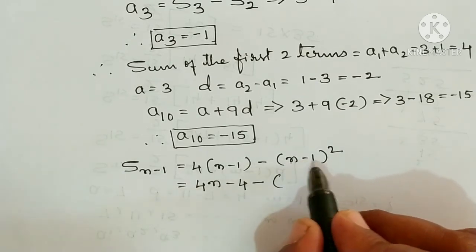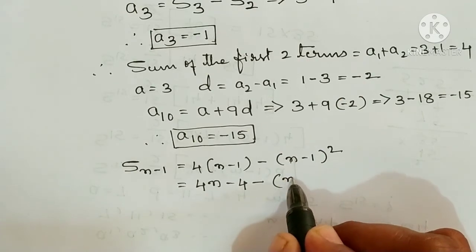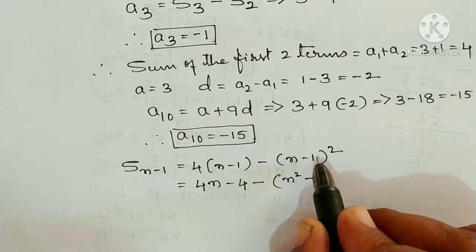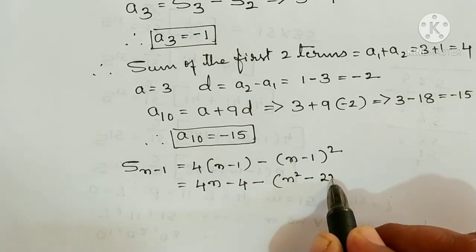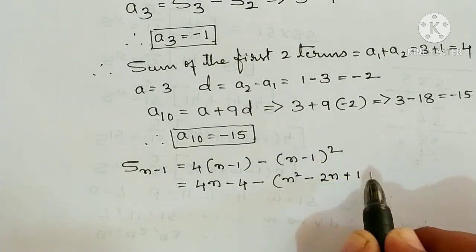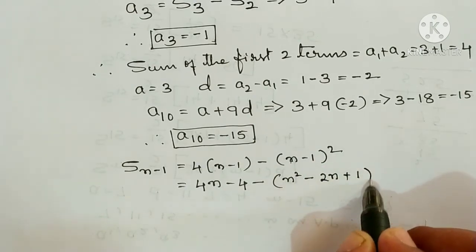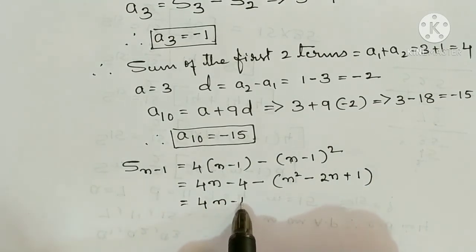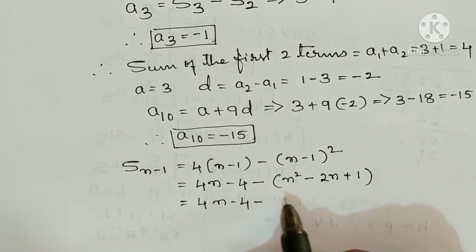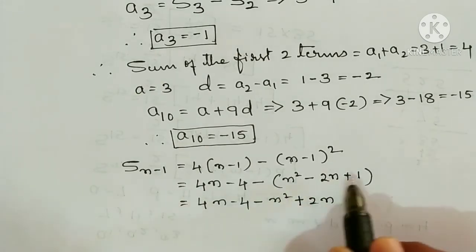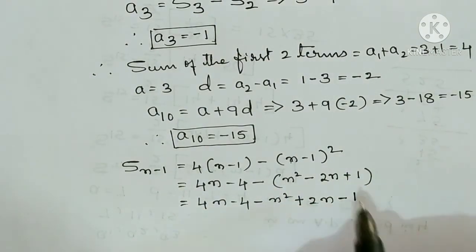So it becomes n square minus 2 into n into 1, that is 2n, plus 1 square, that is equal to 1. Then 4n minus 4 minus n square plus 2n minus 1.